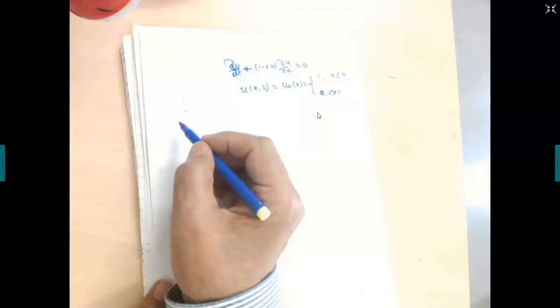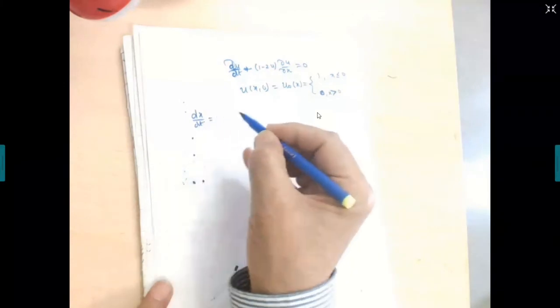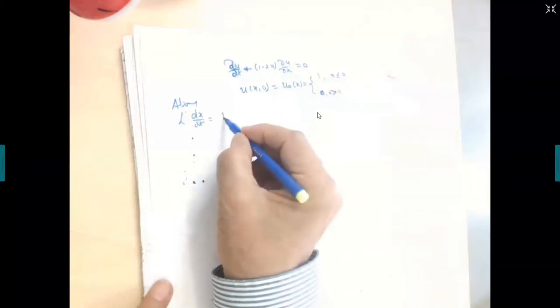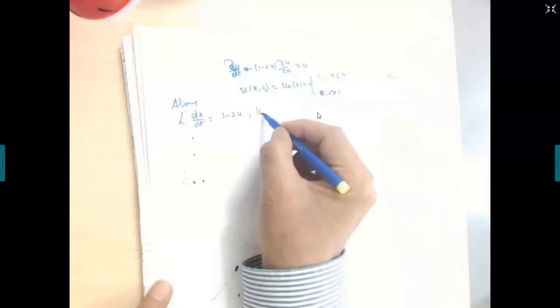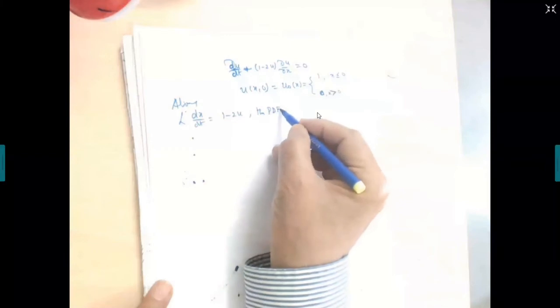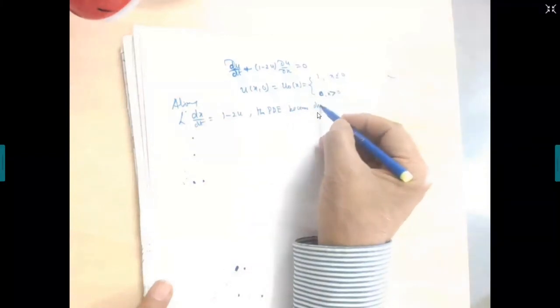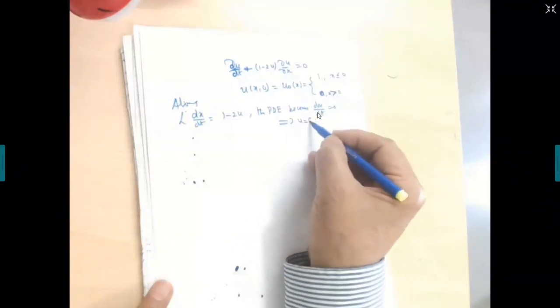So dx by dt equals 1 minus 2u. Wonderful, very good. So along these characteristic curves, dx/dt equals 1 minus 2u, the partial differential equation becomes du/dt equals 0, meaning u is equal to constant.